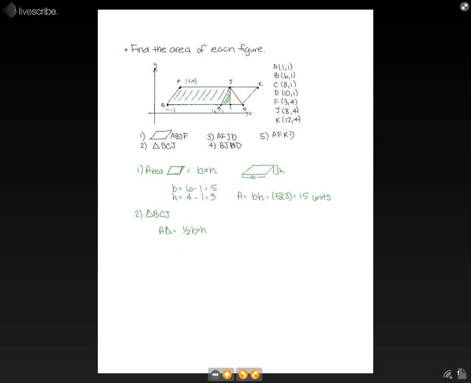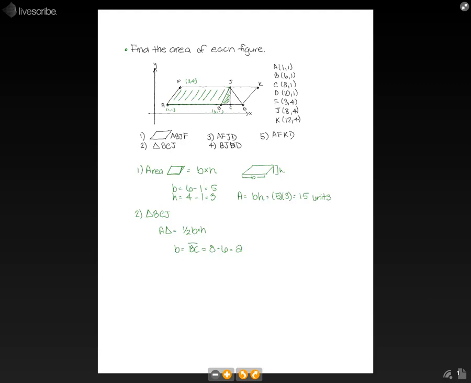The base of this triangle is line BC. Since we're looking at the length of the base, we're looking at the x-coordinates. For B, we're at the point (6, 1), and for C, we're at the point (8, 1). So the length equals 8 minus 6, or 2.